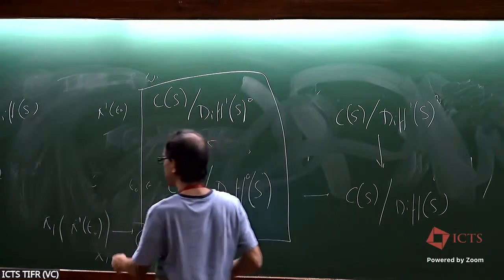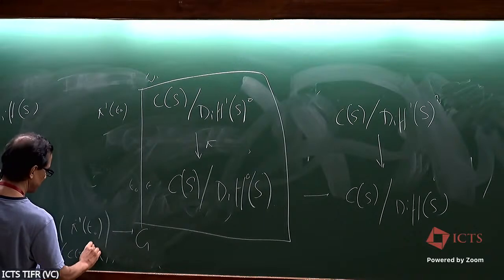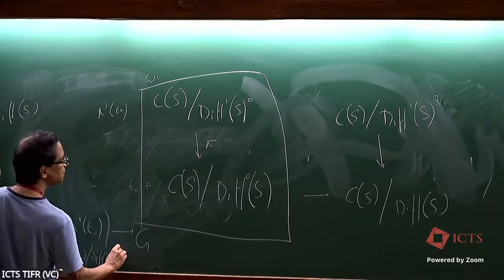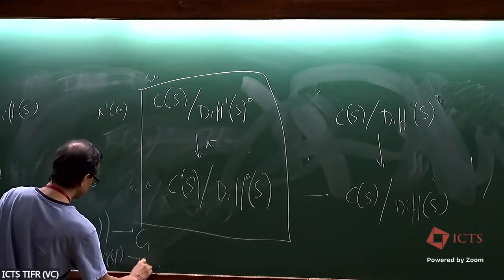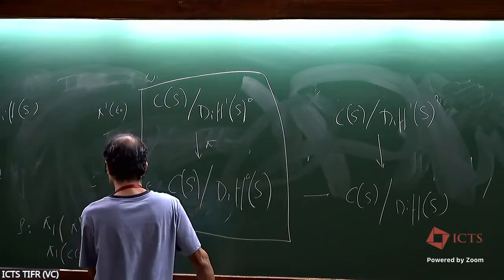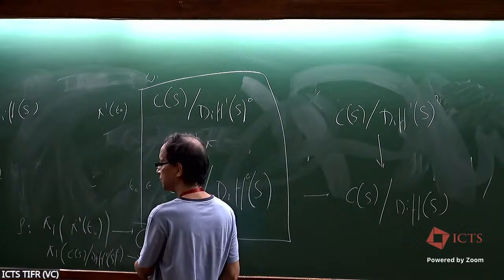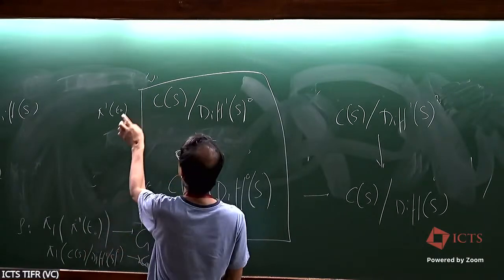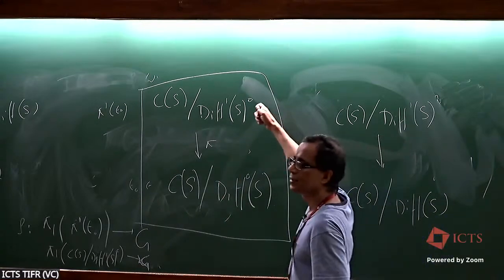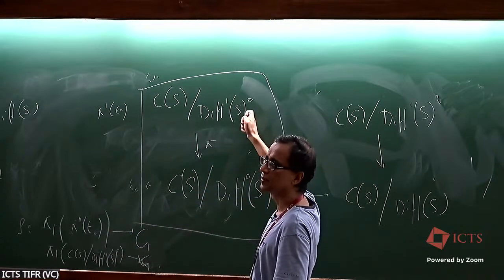So I get a homomorphism of pi 1 of CS modulo Diff_1 S naught to G. Rho gives a flat connection on this because rho gives a homomorphism of the total space to G. So I get a flat bundle on this.